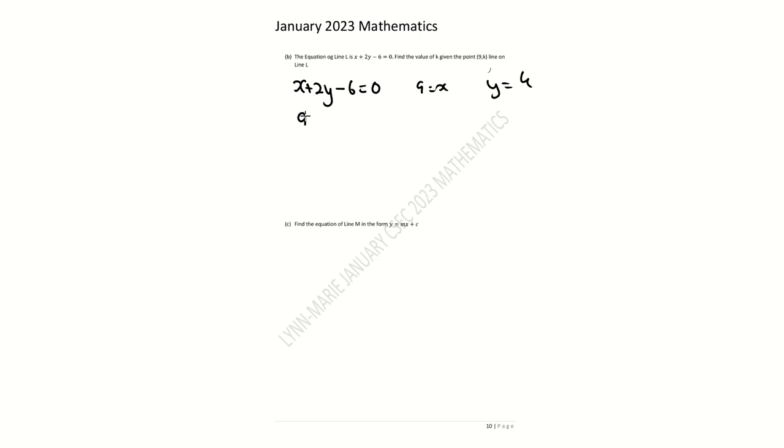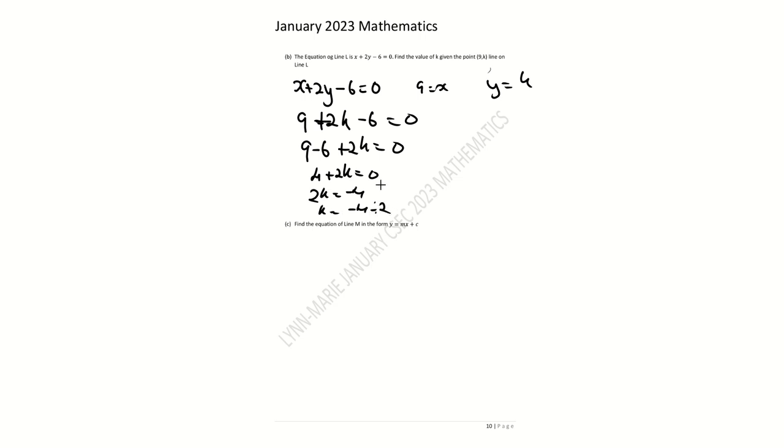Substitute these values: 9 plus 2k minus 6 is equal to 0. So that is 9 minus 6 plus 2k is equal to 0. 9 minus 6 is 4 plus 2k is equal to 0. So 2k would be negative 4. K would be negative 4 divided by 2.